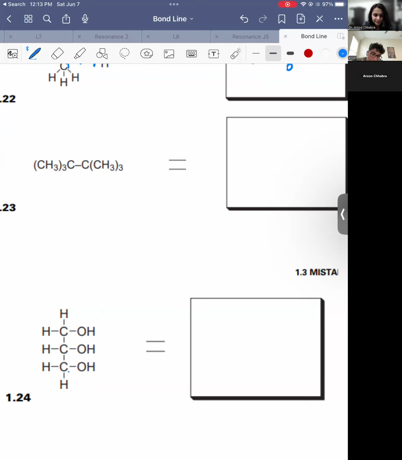So then it will be 3 carbons. So 1, 2, 3, just like that. Then attached to each carbon there's an OH functional group. On 2 we have an OH, and on 3 we've got an OH as well.